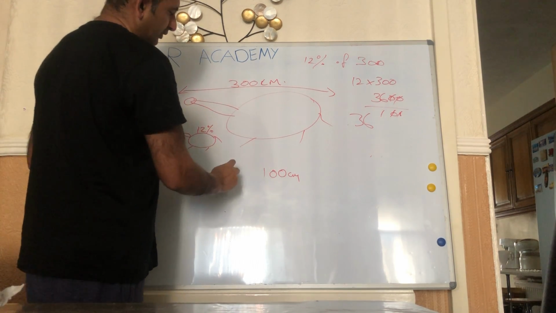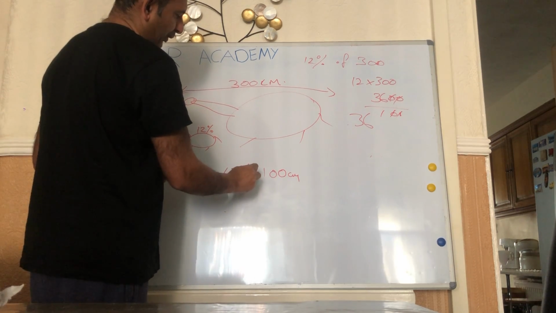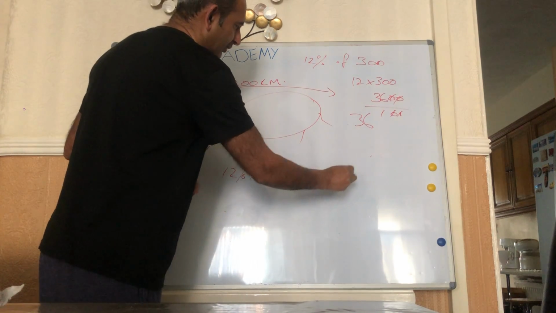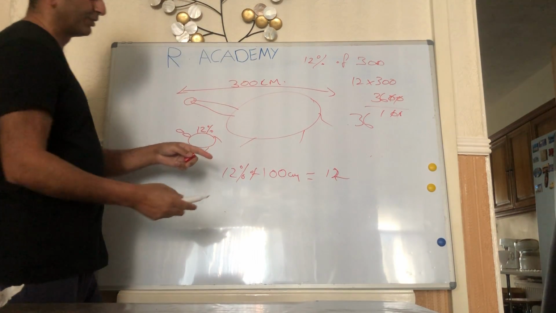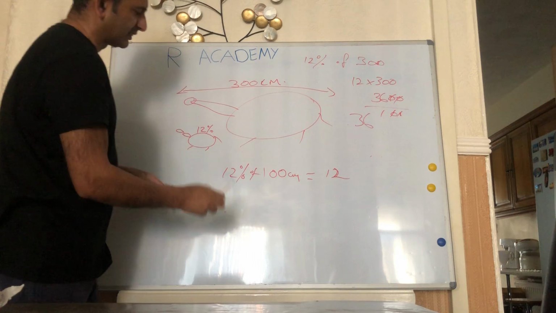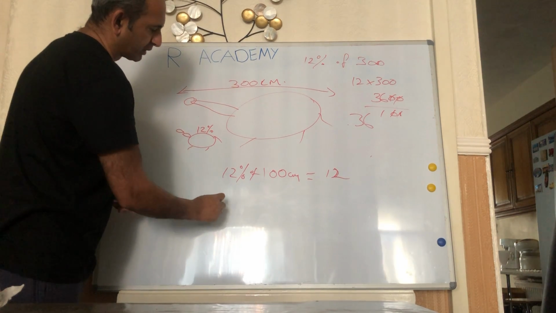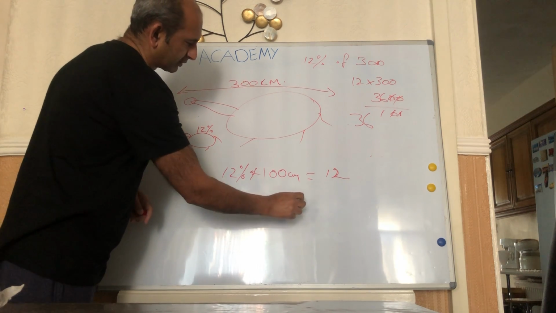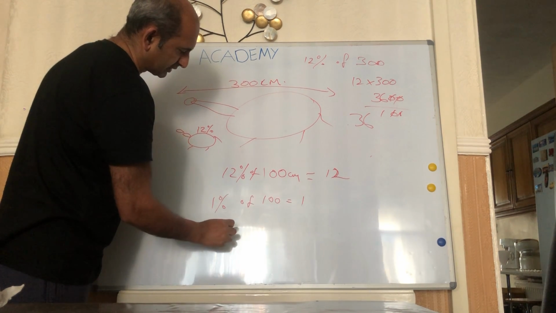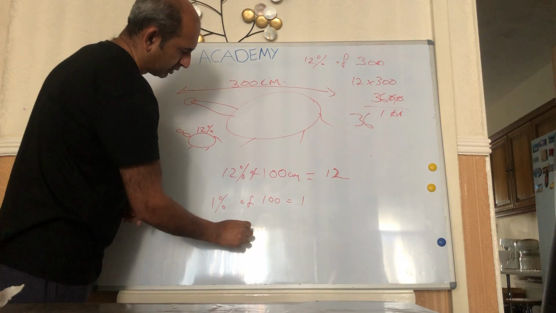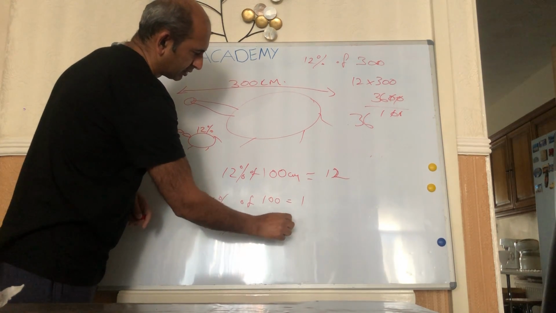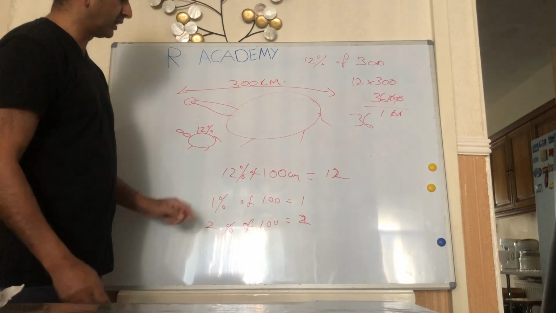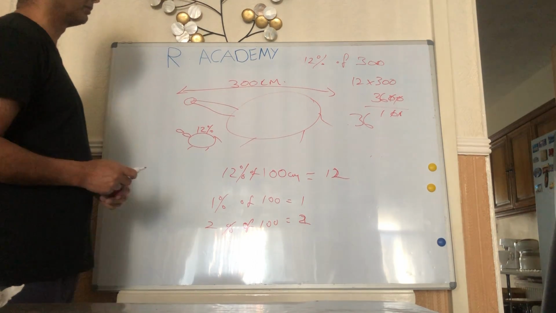So 12% of 100 is very simple, equals 12. Remember, we're going back to when I said to you, what's 1% of 100? Equals 1, and 2% of 100 equals 2. So if 1% of 100 equals 1, then 12% of 100 will equal 12.